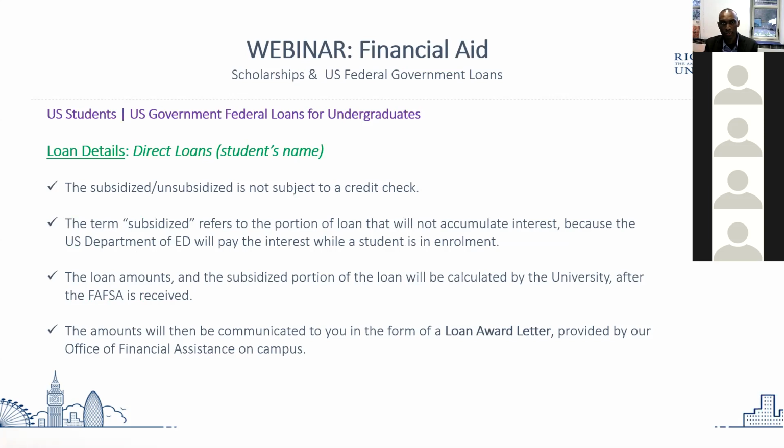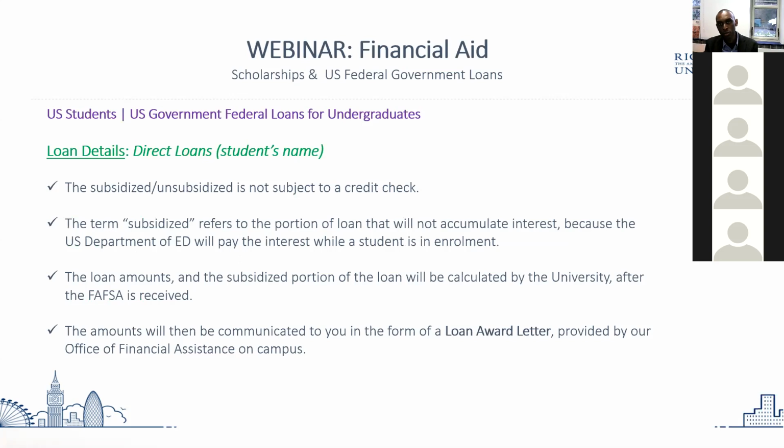So if the letter says 3,500 is subsidized, the federal government pays the interest on the 3,500, whereas for the 2,000 that is unsubsidized, there will be interest accumulating on that. So that's the main meaning of that term, subsidized, unsubsidized.